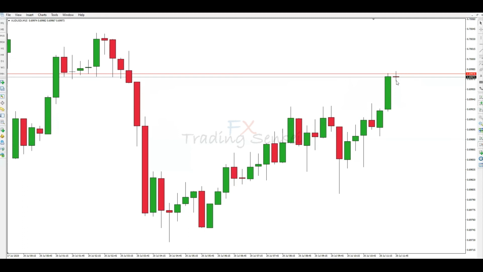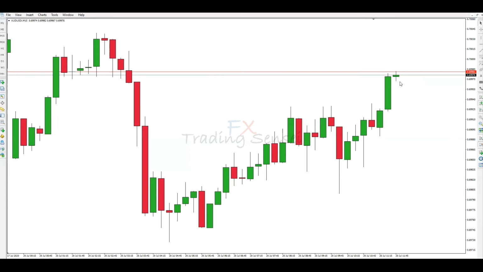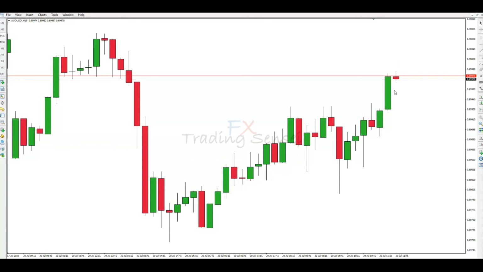So here we have a 15-minute chart. Remember, the candlestick to the very right is the current candlestick. So on this 15-minute chart, this is the active candle. So the previous candles we were looking at on the 5-minute chart are all summarized or reflected in this one candle.